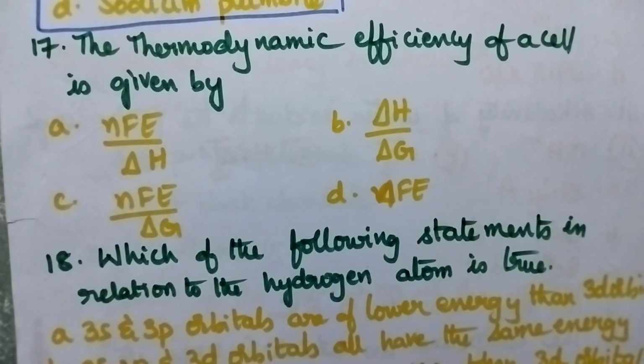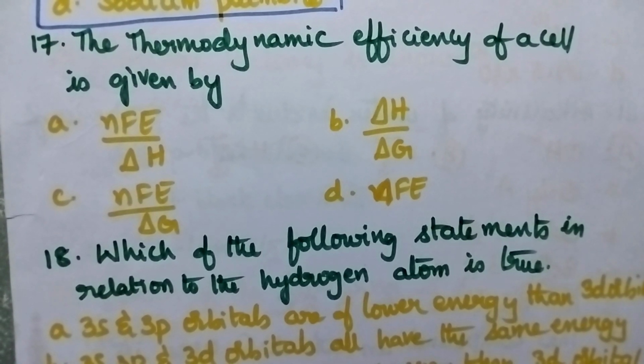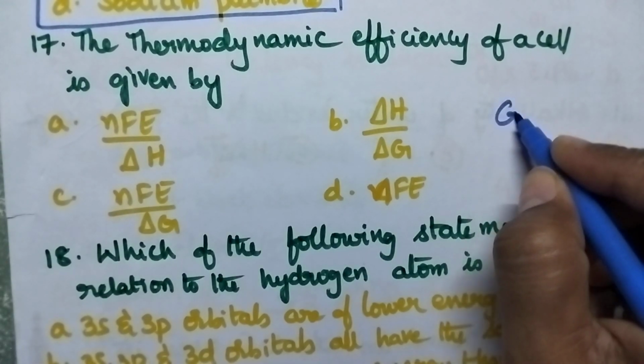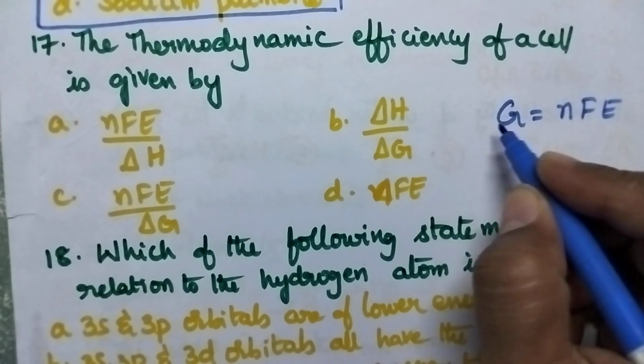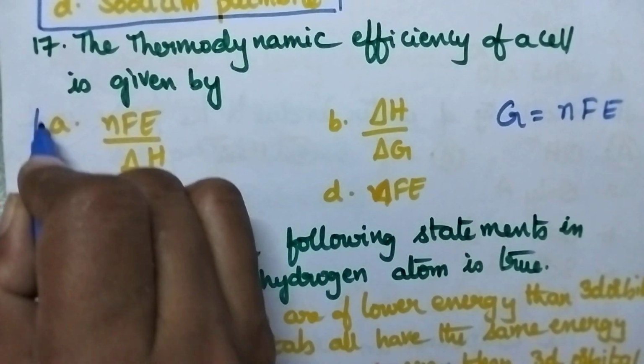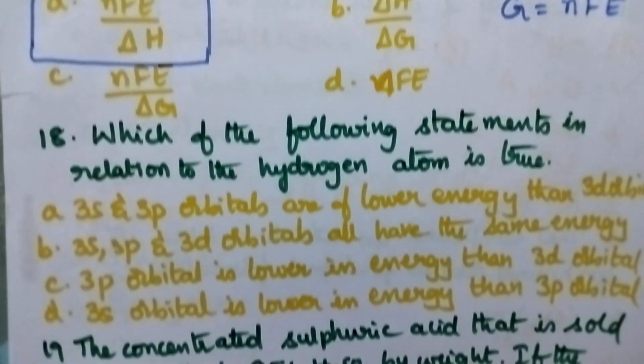The thermodynamic efficiency of a cell is given by the value of Gibbs function against change in enthalpy. Gibbs function means G, that is given as nFE. So option A is the right answer.